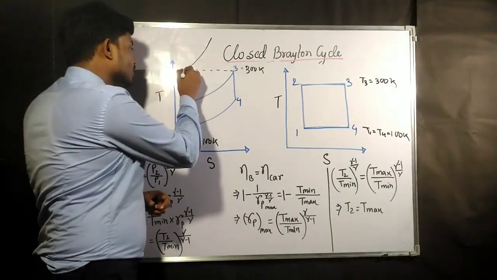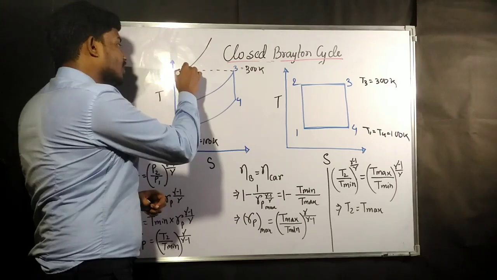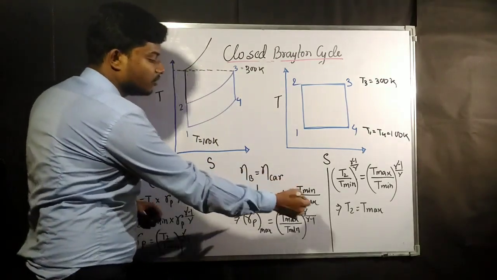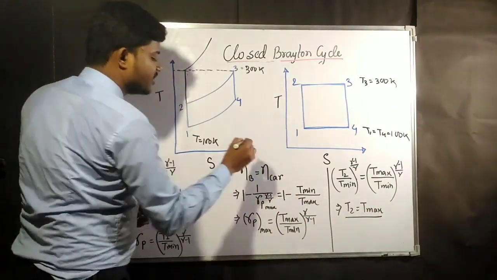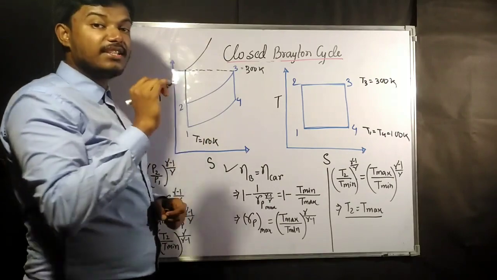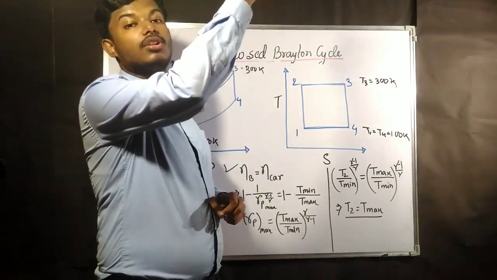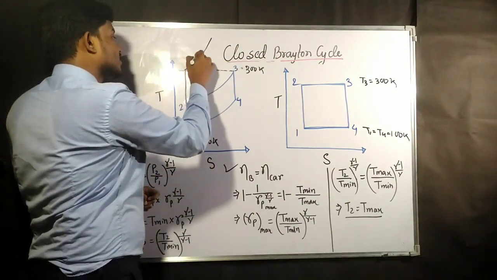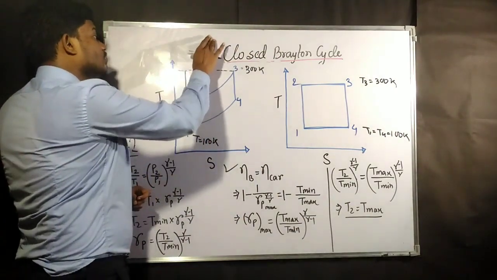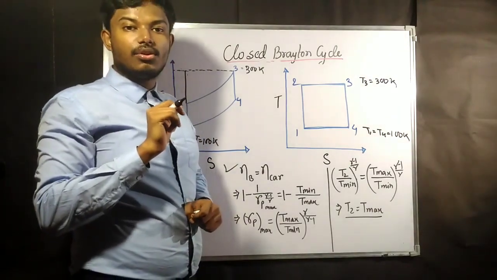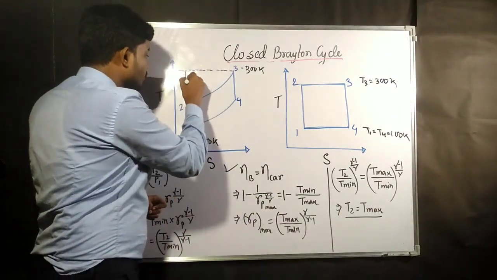So you cannot go beyond this boundary. This is your maximum temperature according to the maximum efficiency condition. Once you reach point 2, you cannot continue a constant pressure process, because the temperature would increase. So you have to stop there. That means there is no heat addition process.